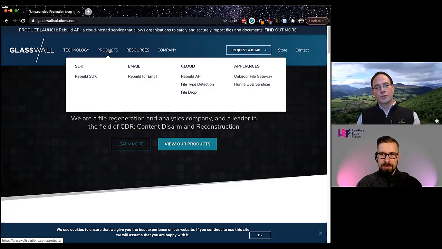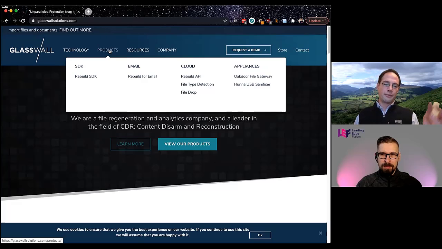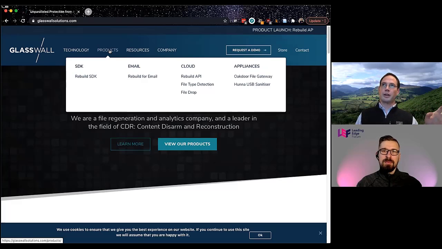With content disarm and reconstruction, or CDR, it does it the other way around. Say you download a PDF, it rebuilds that PDF from scratch, from known good parts, and it looks exactly like the original. So that's their business model in general.